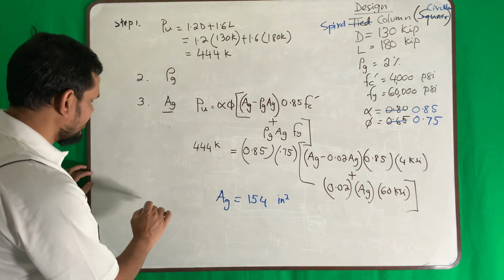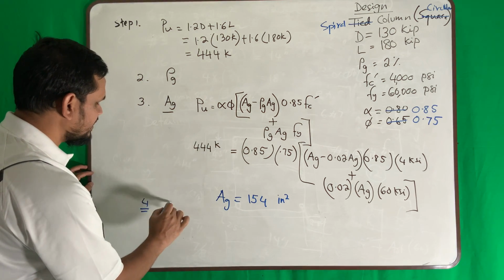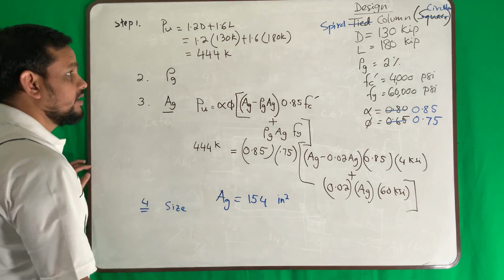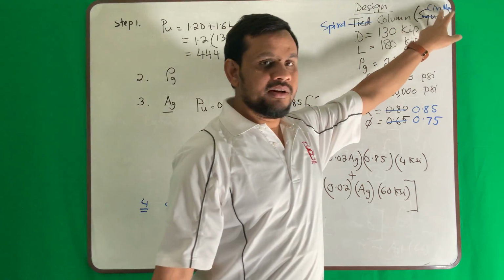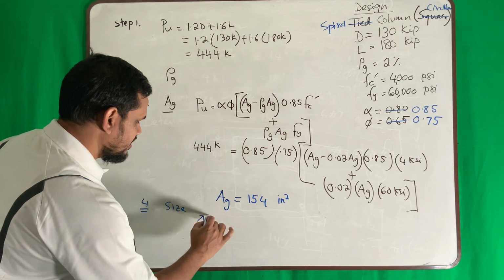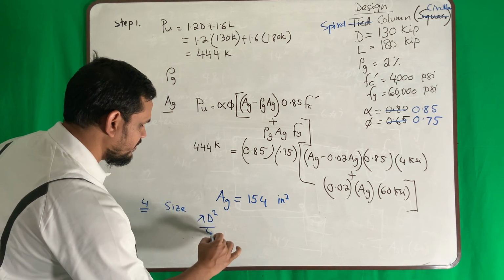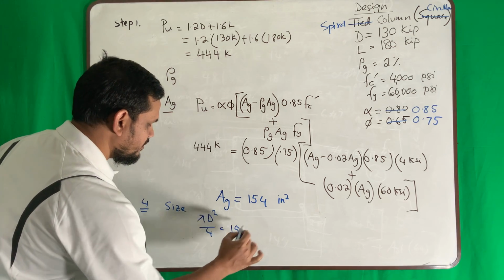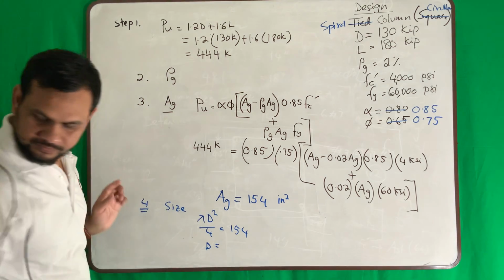Then I will select in step number 4 a size. So my problem says circular. So let us see what is my size required. So pi d square over 4 equals 154. Then what is my d?